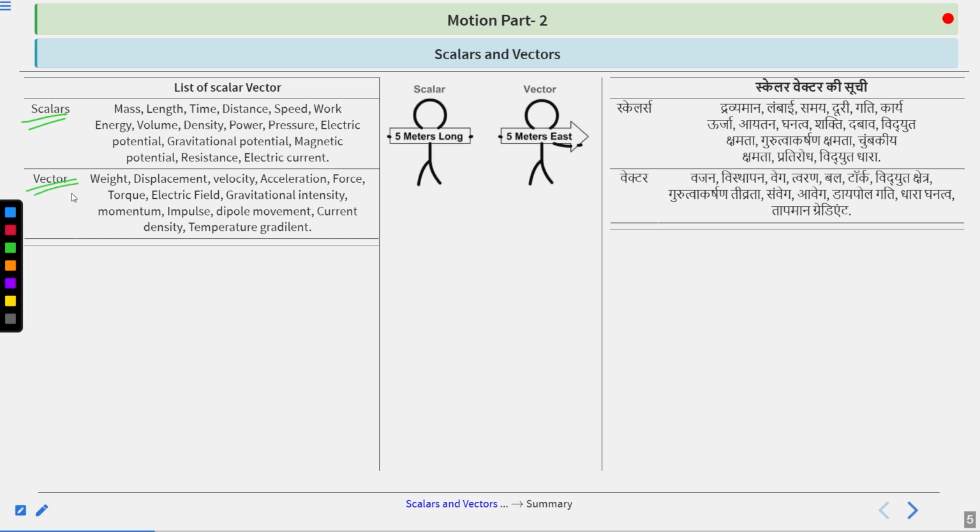In vectors, we have weight, displacement, velocity, acceleration, force, torque, electric field, gravitational intensity, momentum, impulse, dipole moment, current density, temperature gradient. So this is the list of scalars and vectors. You could have it.